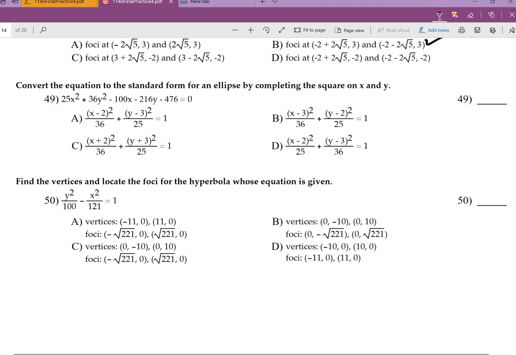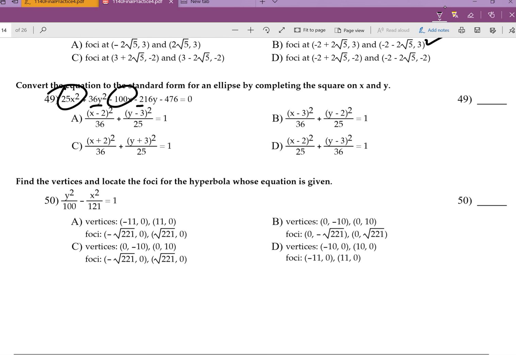Okay, and then for 49, in this case, you have to complete the square. So this is a little bit of work. These questions take forever to do. But basically you group your like terms and factor out what's common. Same thing here, factor out what's common.